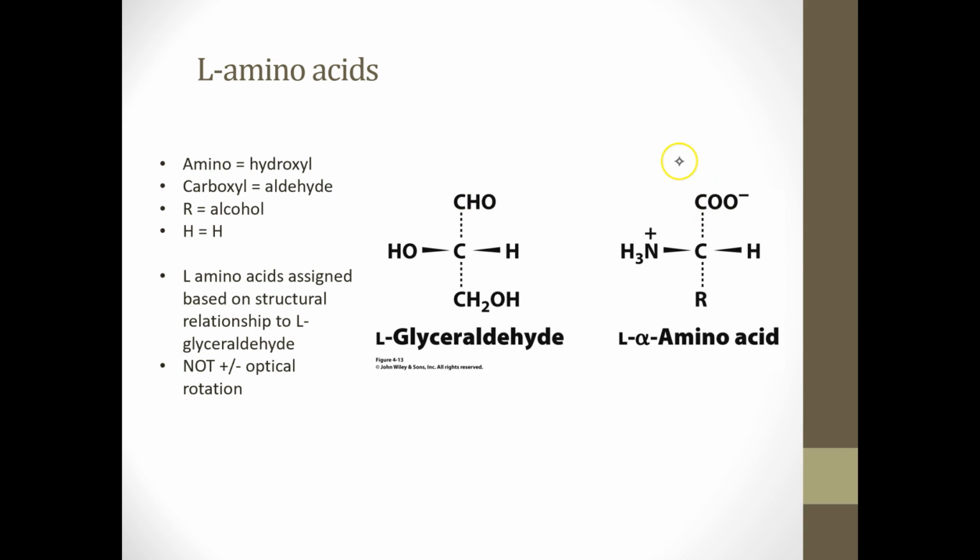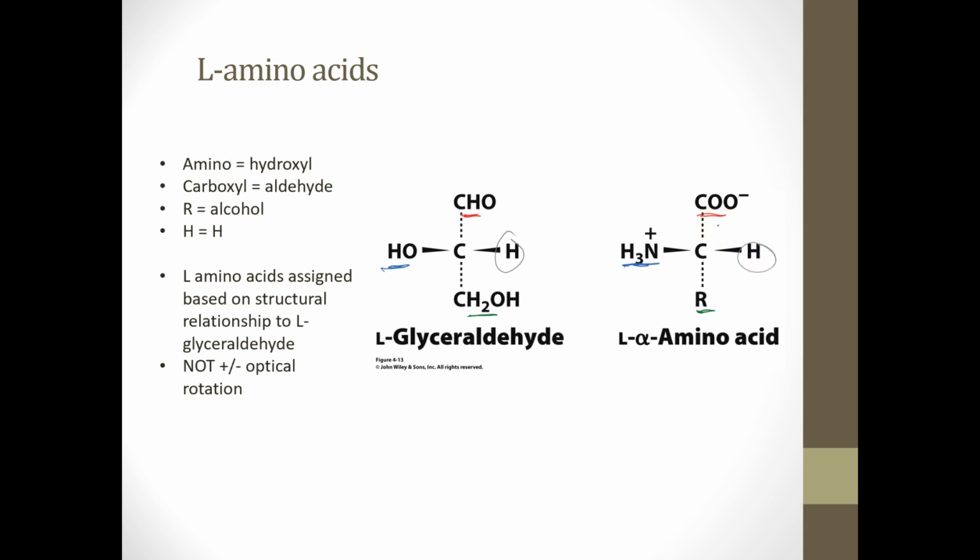The carboxyl group corresponds to the aldehyde. The amino group corresponds to the hydroxyl, alpha hydroxyl. The R group corresponds to the alcohol, which is not alpha, and the proton is just a proton.